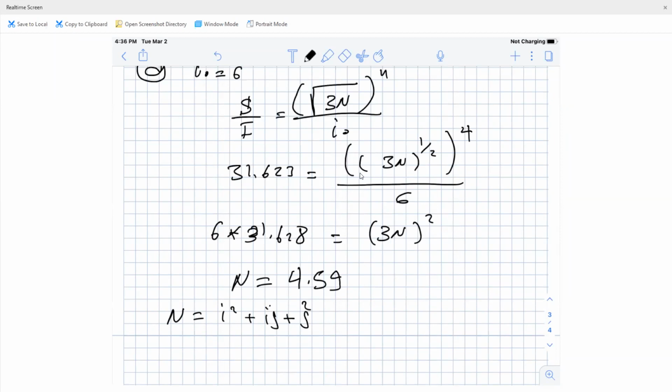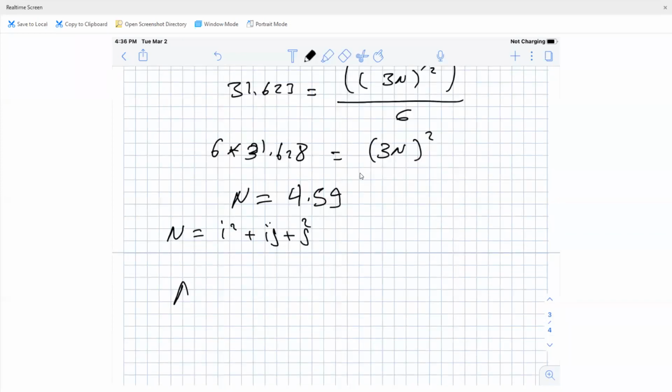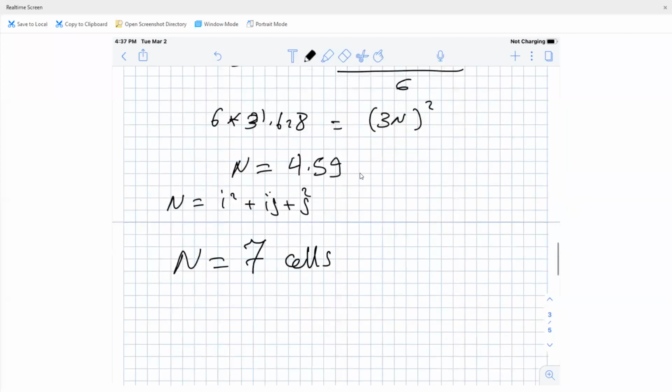I'm not going to approximate N capital to 4. Why? Approximating N capital to 4 means the S over I will be less than 15 dB. So we are going to approximate 4.59 to 7 cells. Okay, so for branch A, N capital will be 7 cells.